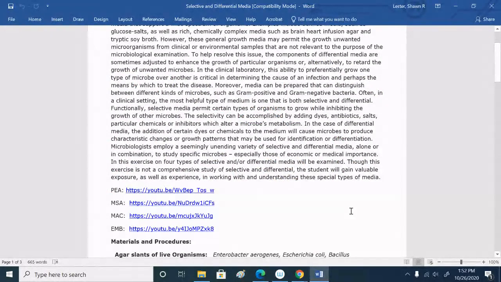So remember, for the EMB, we're mostly just concerned with lactose fermenters, which will be dark purple in color. There's nothing really colorless on the EMB that we use, because everything has some color associated with it, but the non-lactose fermenters are sometimes weird, so we're not going to worry about those.